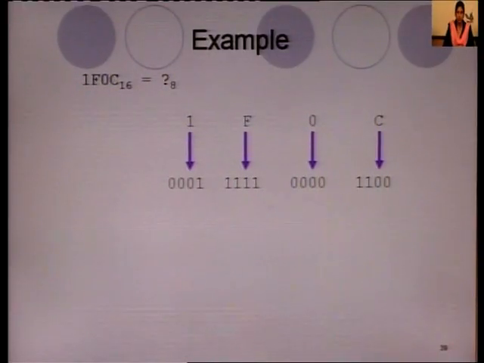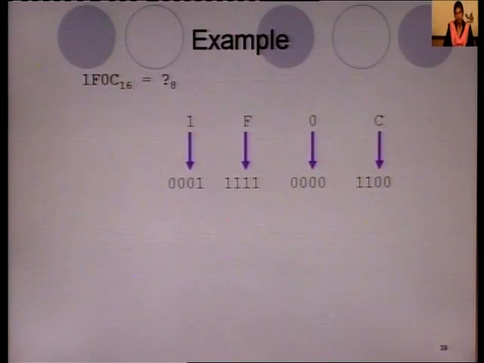Start from the rightmost, that is C. C will be represented as 1100 in binary, and 0 will be represented as 0000. Then F will be represented as 1111, and 1 will be represented as 0001.